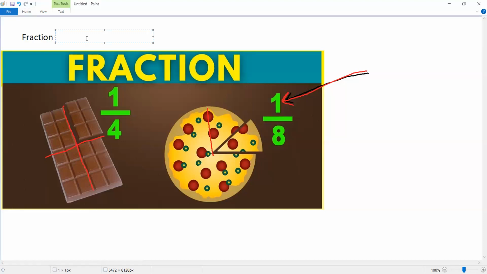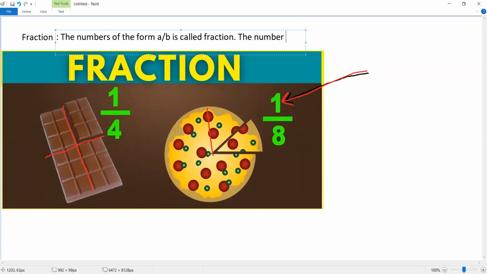The numbers of the form a divided by b are called fractions.